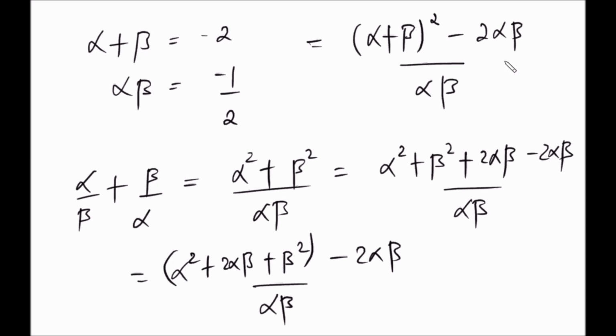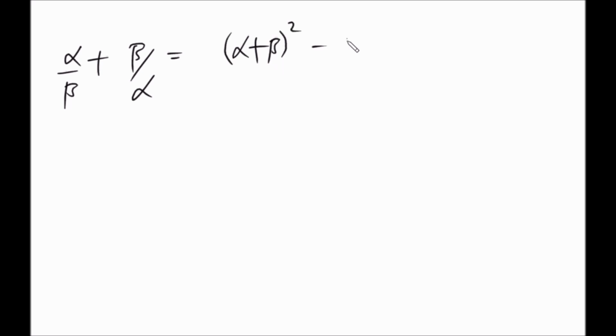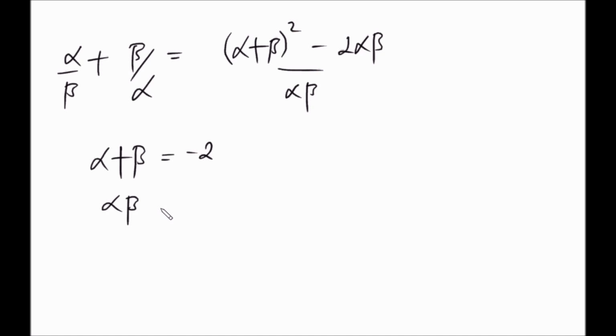So we have seen that alpha over beta plus beta over alpha is equal to (alpha plus beta) squared minus 2 alpha beta over alpha beta. But remember, alpha plus beta is -2 and alpha beta is -1 over 2.